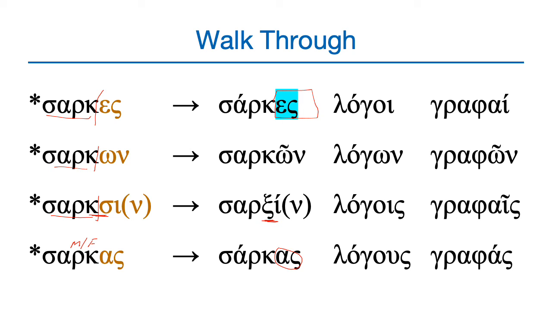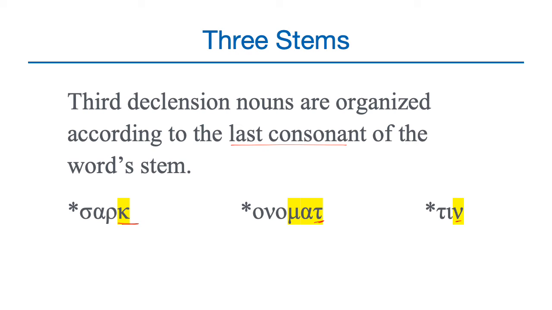Okay? That is that. So when you come to third declension nouns, you will see third declension nouns are organized according to the last consonant of the word stem. According to the last consonant. So there are three stems to third declension nouns.